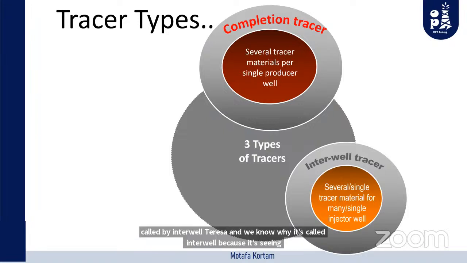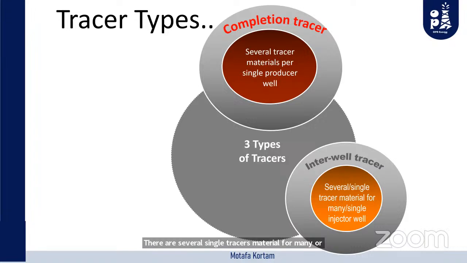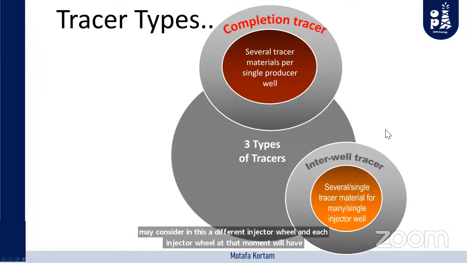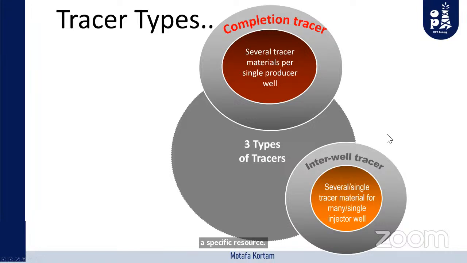There are several single tracer materials for many, or maybe a single, injector well. You may consider in this a different injector well, and each injector well at that moment will have specific tracers. So you see if you need to increase the complications and the complexity of your analysis. If you have different injectors, you can have a different connectivity of the producer among those injector wells.